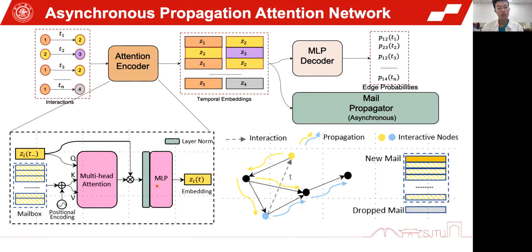By the way, you may have the question of why we use mailboxes to store the propagated information. The reason is that the mails with timestamps in these mailboxes are used to deal with the disorder problems in the distributed graph database or graph system.